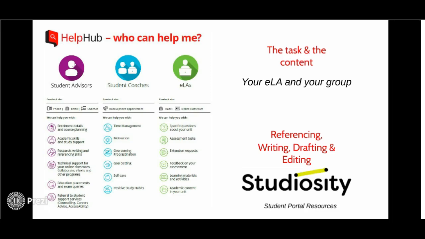I think that you have 8 submissions each subject for each teaching period, so that's almost 2 for each assignment. Oh, sorry, that is 2 for each assignment. It's almost 3 for each assignment. So you can submit multiple times. Think about getting some drafts done early so that you can send it off to Studiosity.